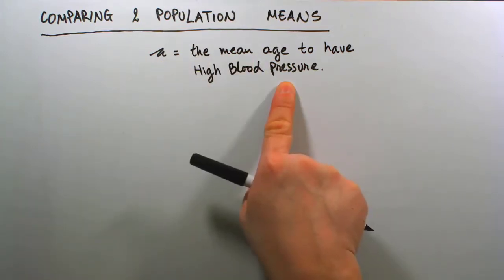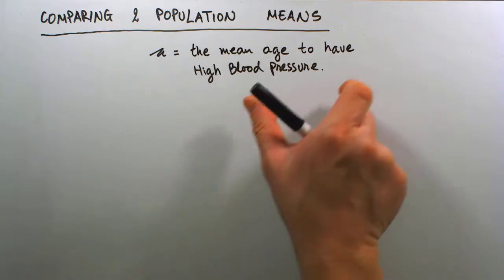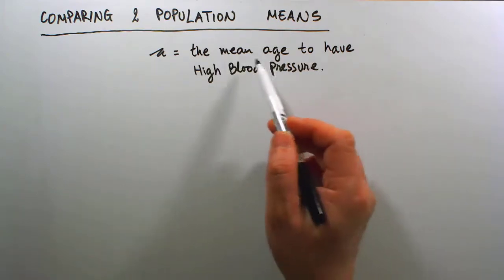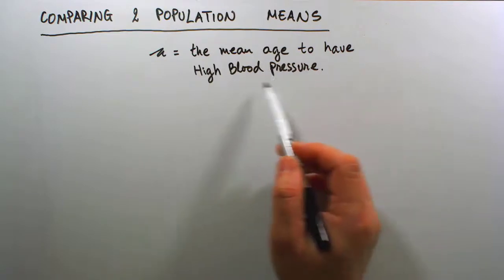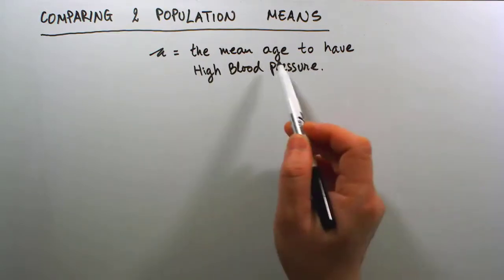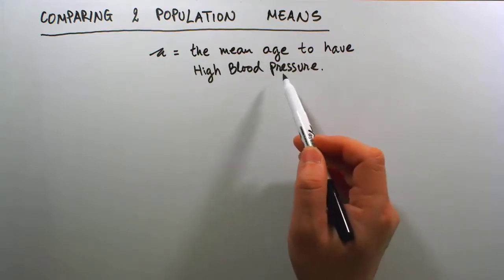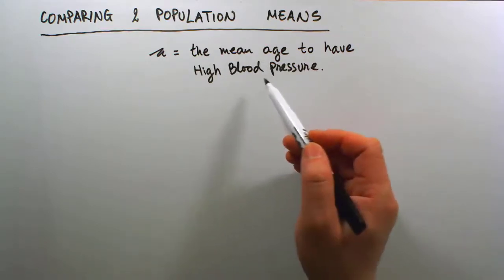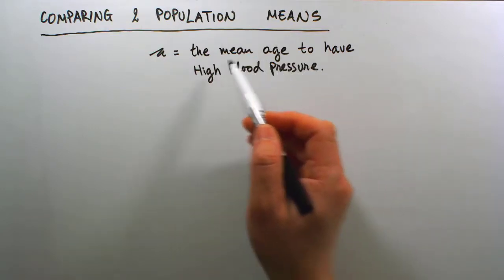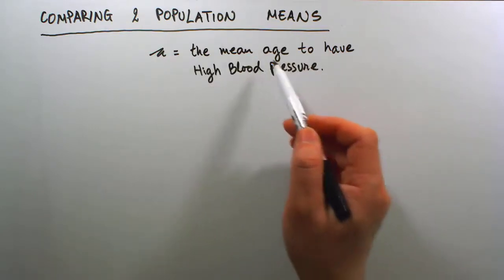A lot of health scientists are interested in it, because once we understand this mean age, we can use it as a reference to find a way to medically improve the mean age to have high blood pressure. High blood pressure is a condition that eventually anyone at a certain age is going to have.